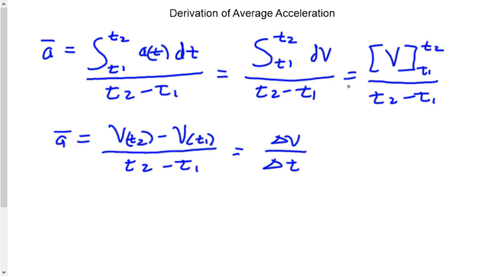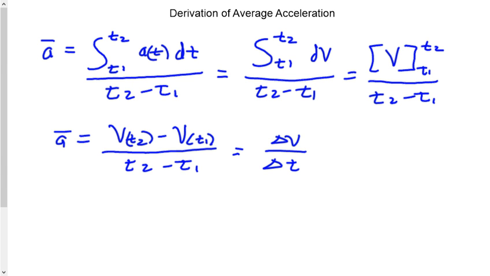So that's going to be equal to v, the definite integral from t1 to t2, if I take the integral of dv. So what does that end up being? Well, average acceleration is v(t2) minus v(t1) divided by t2 minus t1.